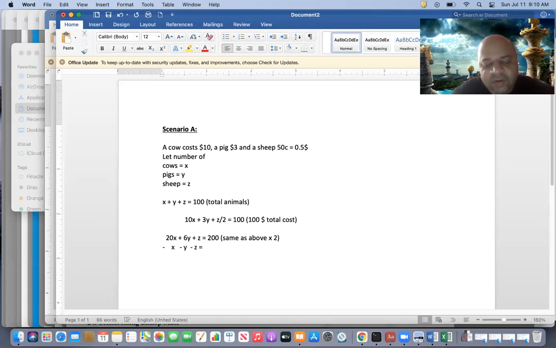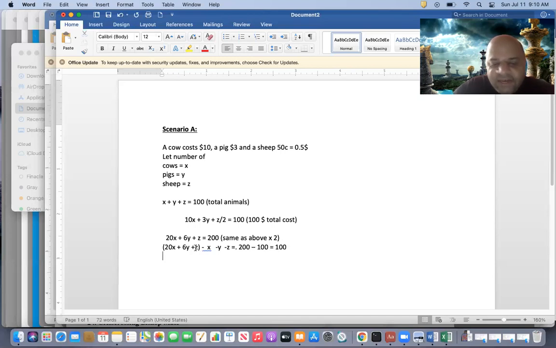So you have to subtract it, right? When you say it is subtraction, it means 20X plus 6Y plus Z minus X minus Y minus Z is equal to 200 minus 100. So 200 minus 100, right? Which is equal to 100.